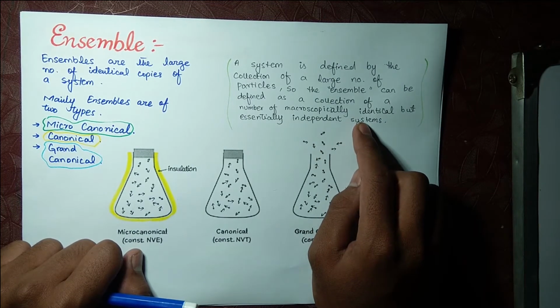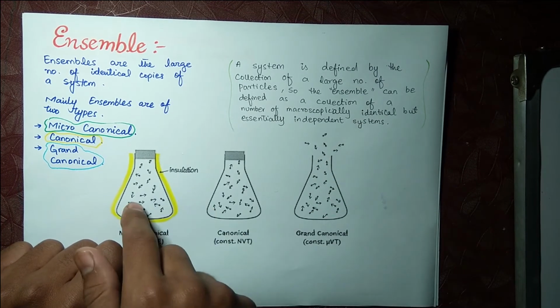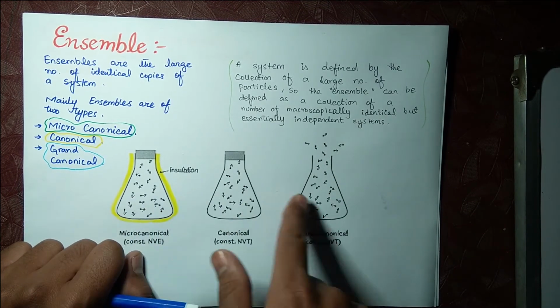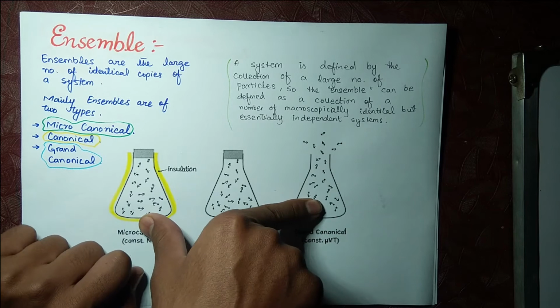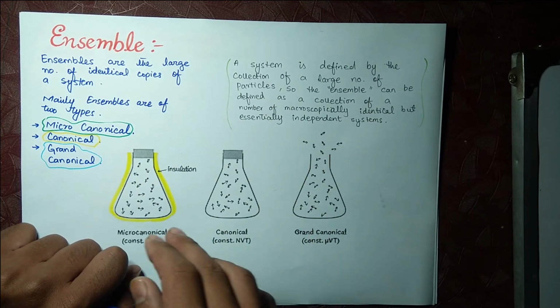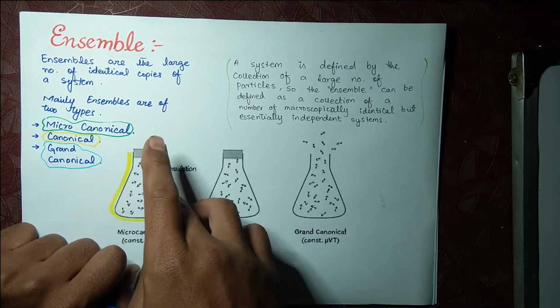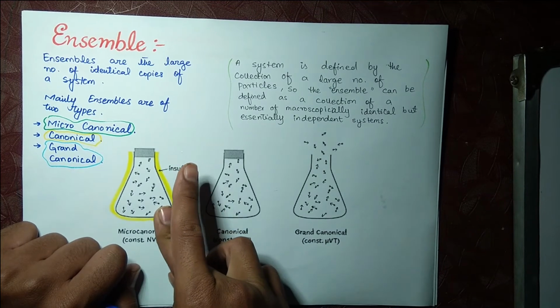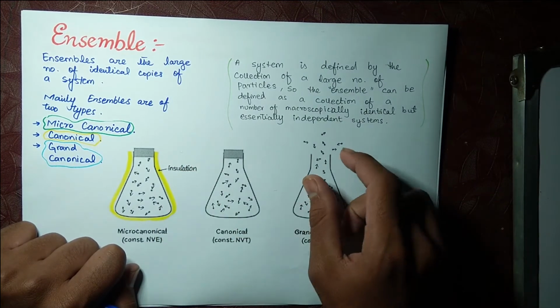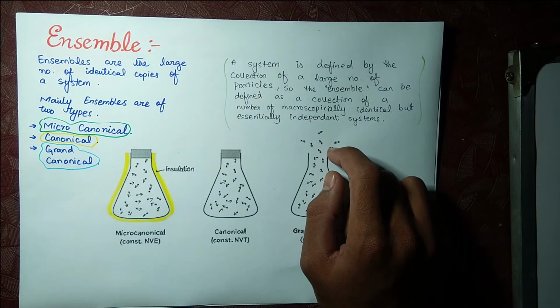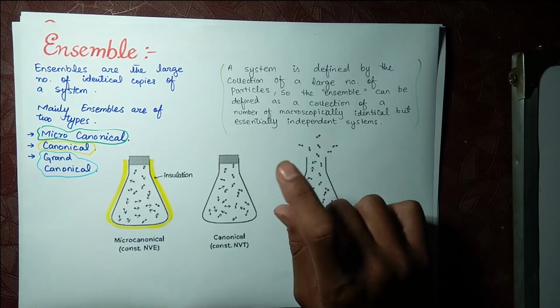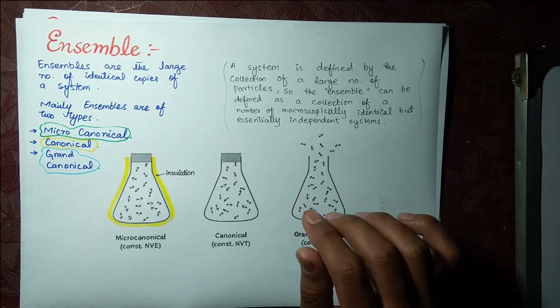If you look at this system, there are three kinds of system here. The number of particles is too much. One atom contains Avogadro's number of particles, and if there are a lot of atoms here, there will be a lot of particles.